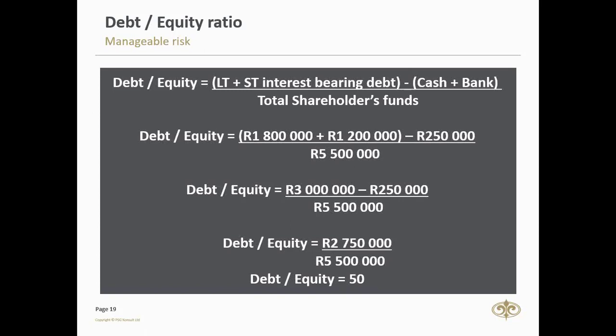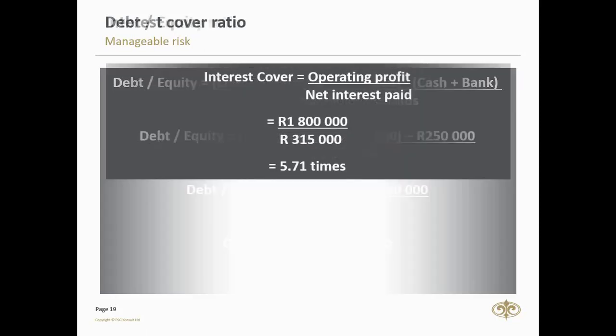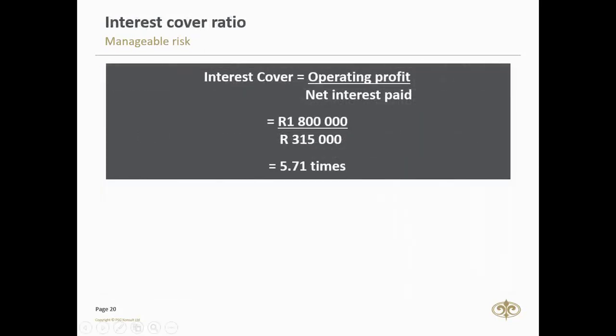We say, okay, what's better to look at for managing financial risk is a thing called interest cover. Now, interest cover is how many times can I cover the interest bill out of the operating profit. So for example, I've got 1.8 million in operating profit, and my net interest paid, that's obviously the net of the interest received and interest paid out, is 315,000.